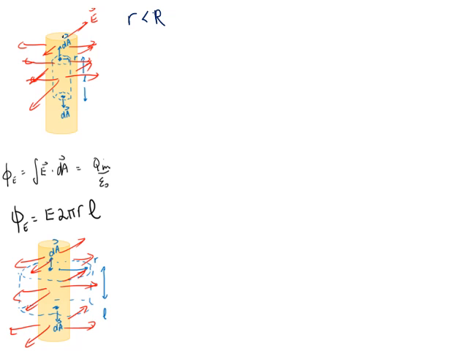If r is inside the cylinder, then the net charge enclosed by our Gaussian surface, Q in, since this is a three-dimensional object, is going to be the density times the volume of the Gaussian surface. The volume of that cylinder is pi r squared times the length of the cylinder.